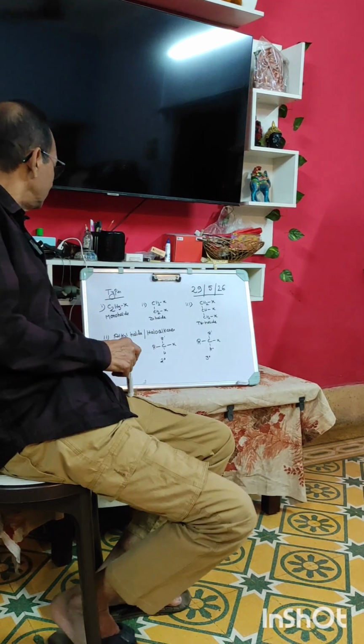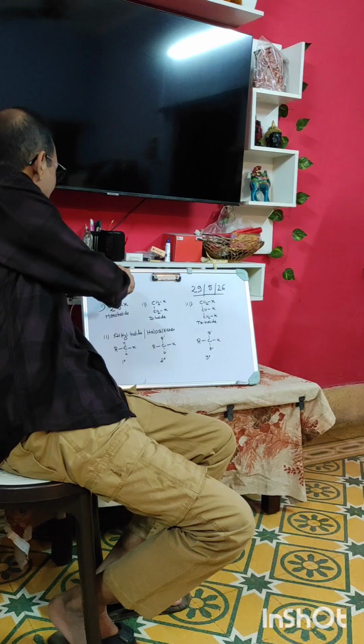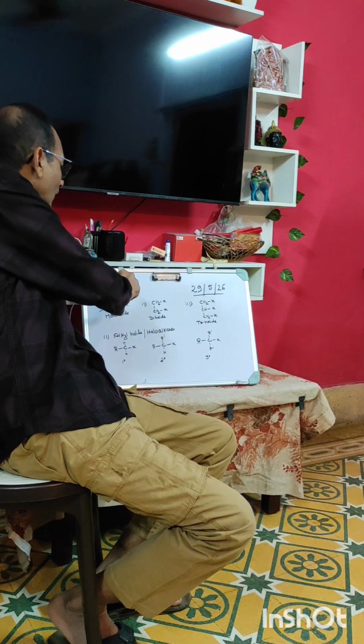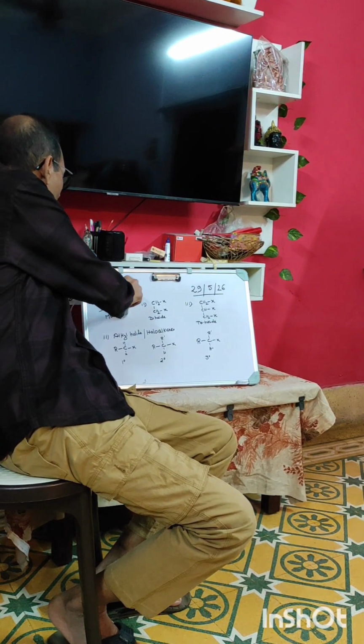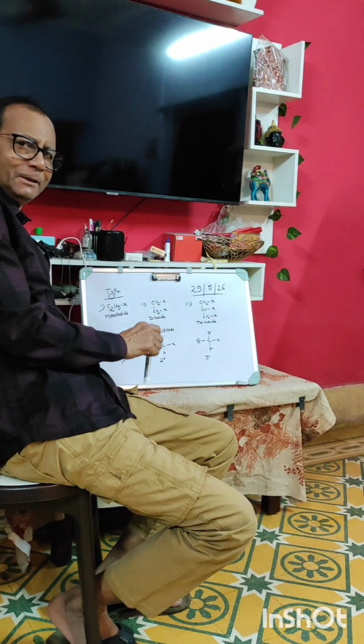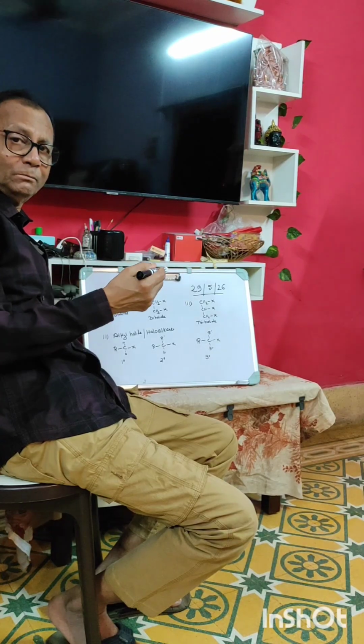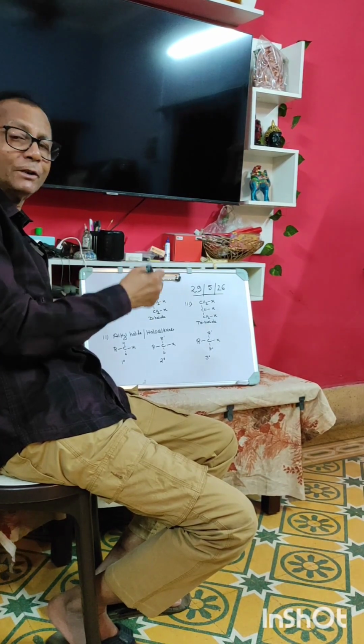Now look at this board. The types: usually alkyl halides are monohalide, dihalide, trihalide. This depends on the number of halogen atoms that have substituted the hydrogen atoms.